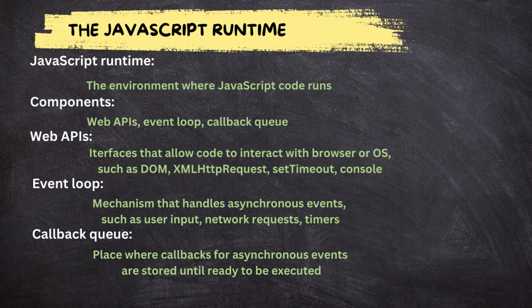The event loop checks the call stack and the callback queue and decides which function to run next. If the call stack is empty, it takes the first function from the callback queue and pushes it onto the call stack. If the call stack is not empty, it waits until it becomes empty.